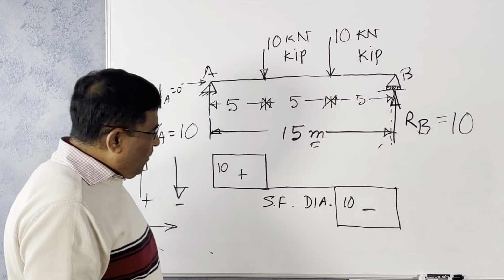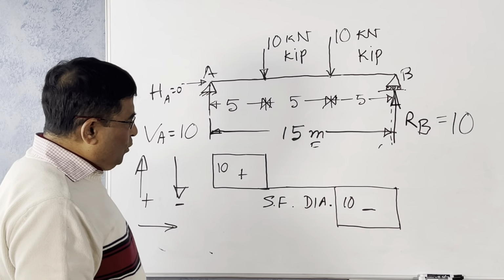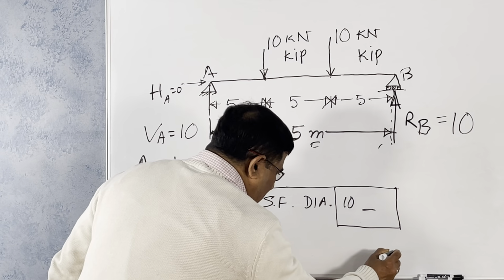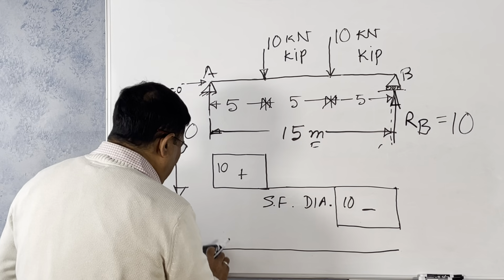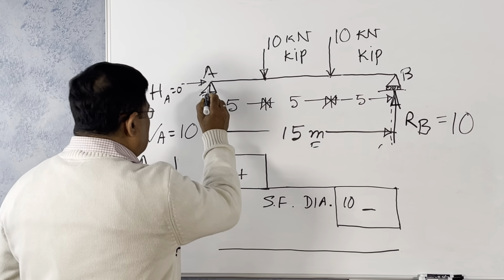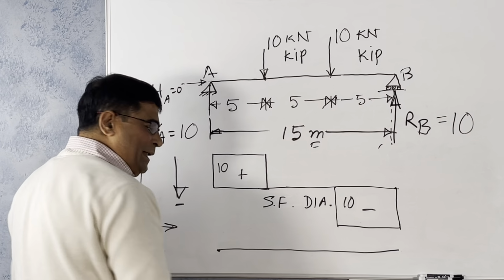Okay, now how will the bending moment look? Bending moment, this is your baseline. What is the bending moment? Because it is simply supported, here it is 0 bending moment.